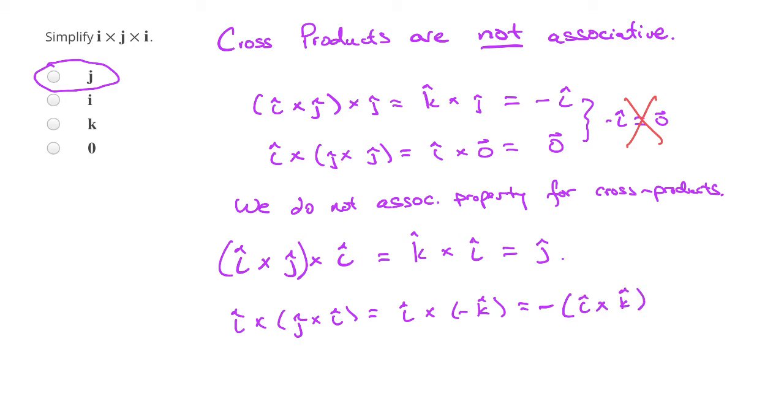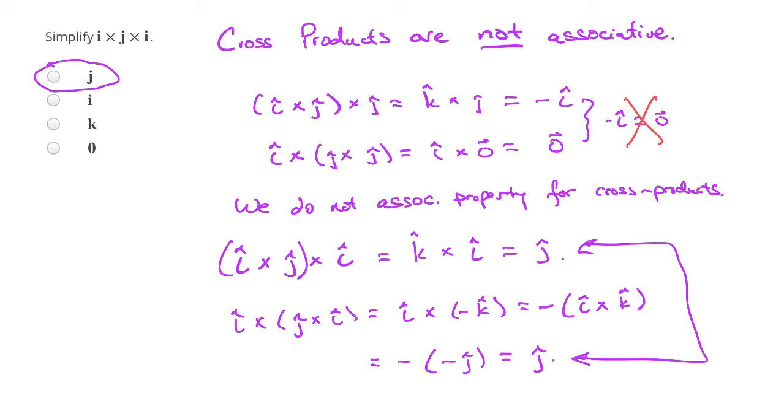And so the minus i cross k is going to give us a minus j. And the minus of the minus still gives us an answer of j. So in this case, we do happen to get the same answer, but in general, that is not the case. And so we should not really just assume that we will get the same answer just grouping the first two together and then calculating the second.